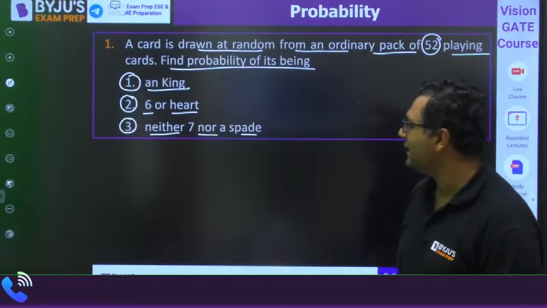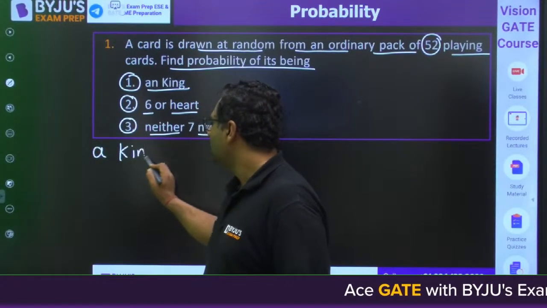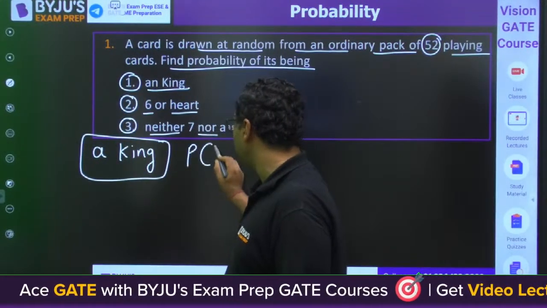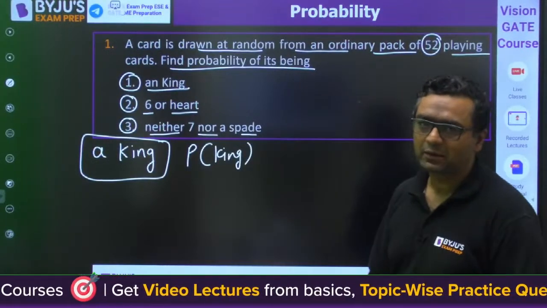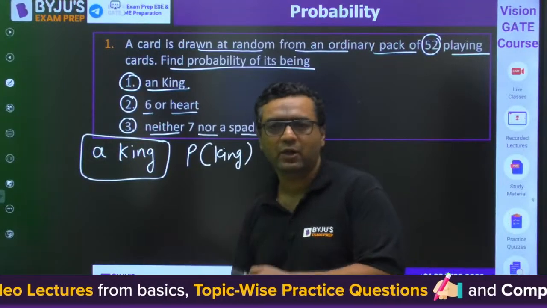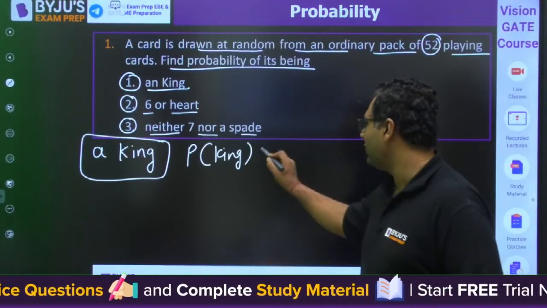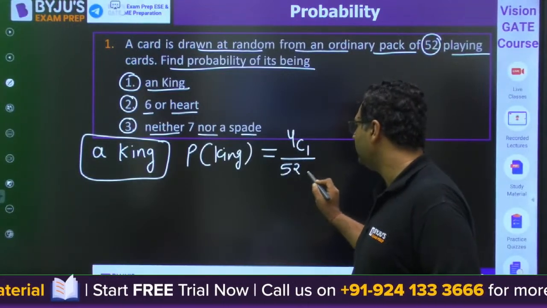Yes, aspirant is saying for first, to have a king, the probability to have a king. So my dear, you know that there are 4 kings, one of spade, other of heart, other of diamond. So you can write it as 4C1 by 52C1.